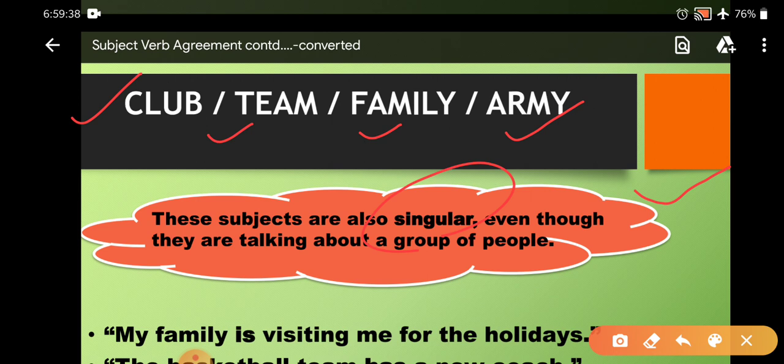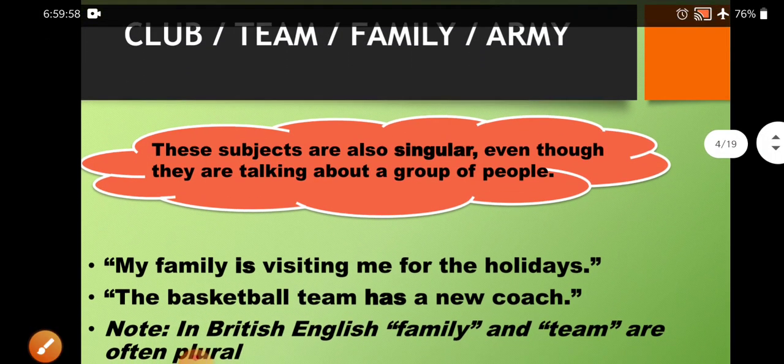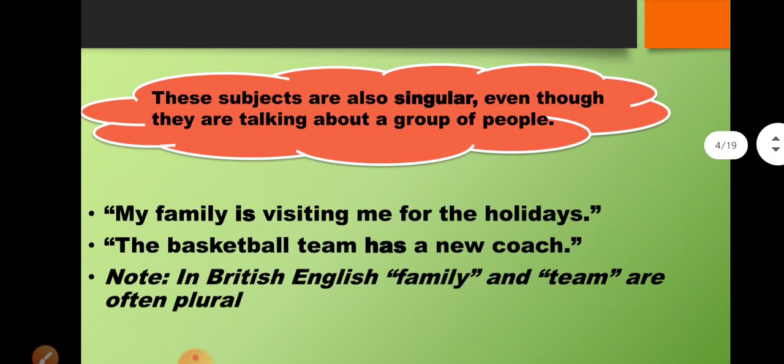One team may have many team members. One family, but a family has different members, and so on. So, these subjects are normally taken as singular, but there is a plural usage also, especially in British English, which we follow.